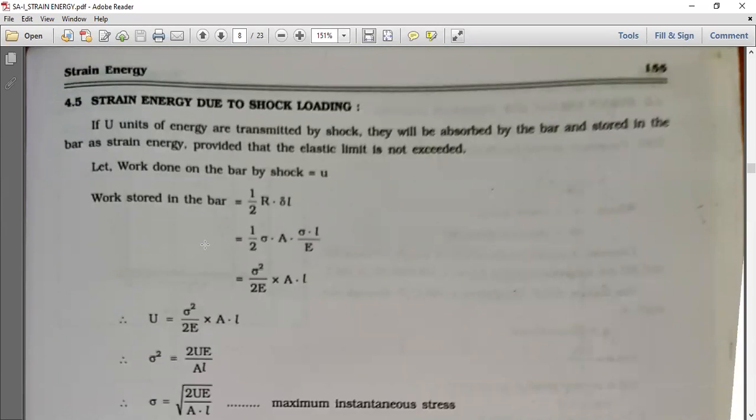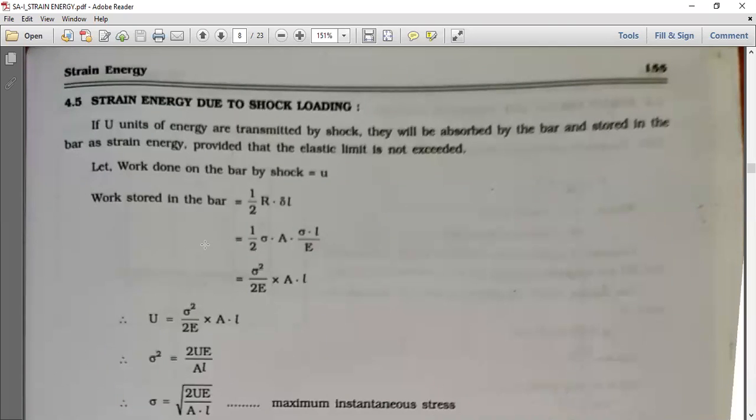Now, strain energy due to shock load. If U is the unit of energy transmitted by shock, it will be absorbed by the bar and stored in the bar as strain energy, provided that the elastic limit is not exceeded. Let us start the solution.